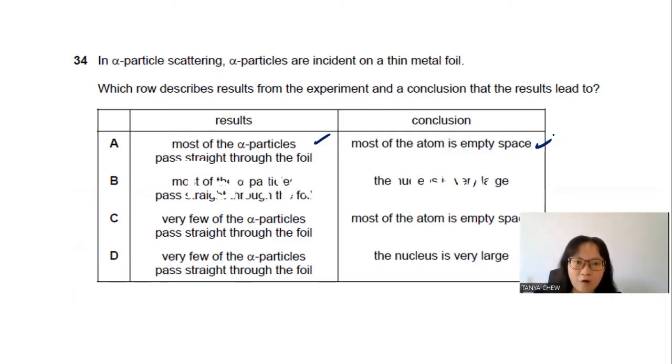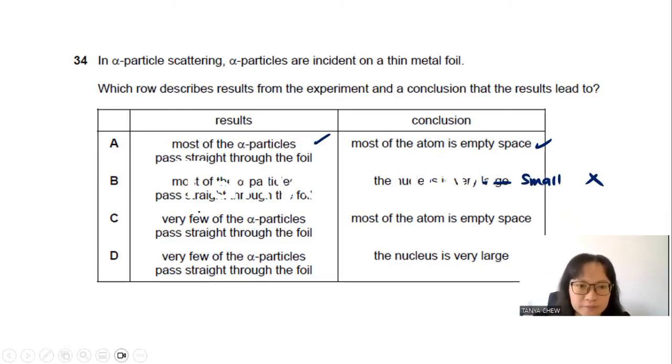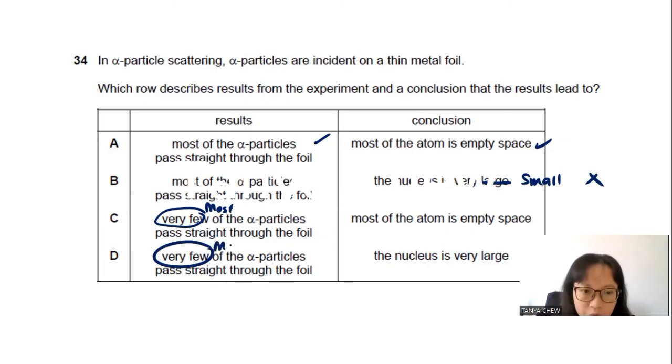B, most of the alpha particles pass through the foil because the nucleus is very large. No, the nucleus is very small. This is wrong. C, very few alpha particles pass through the foil. This is not true because more than 99% of the alpha particles pass straight through the foil. D, very few of the alpha particles pass through the foil. This is wrong. Therefore, the answer is A.